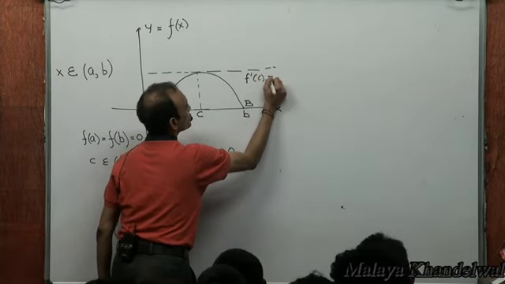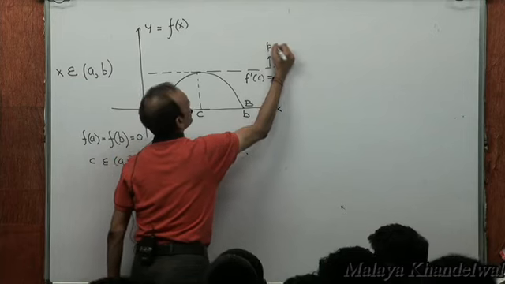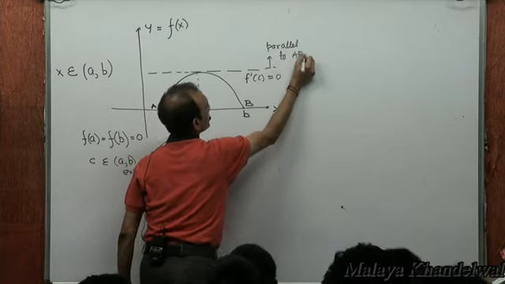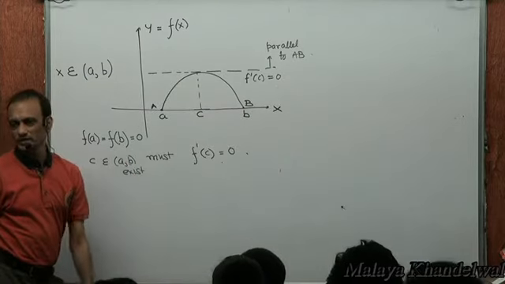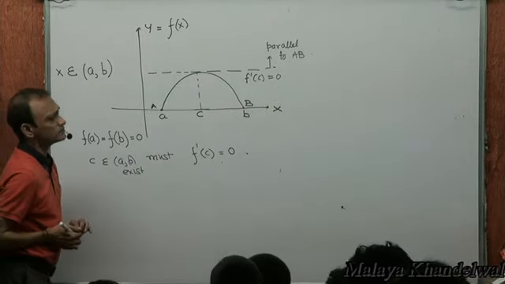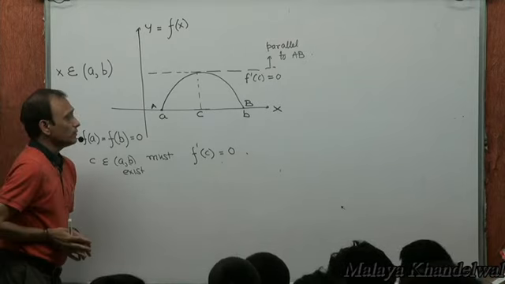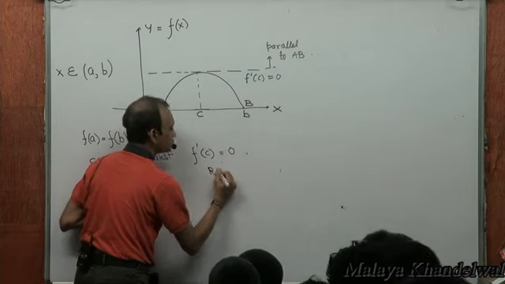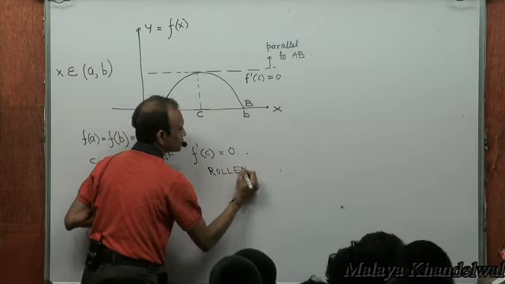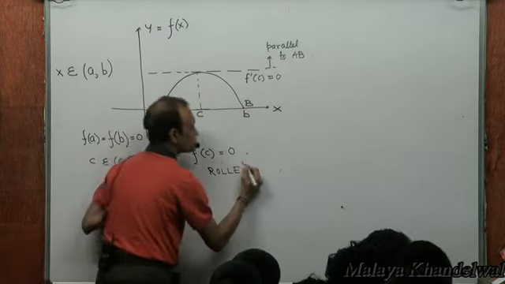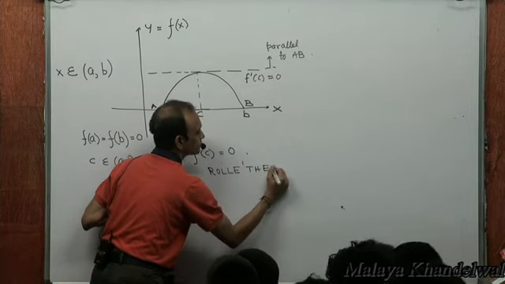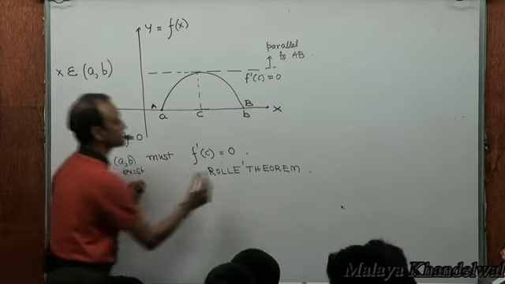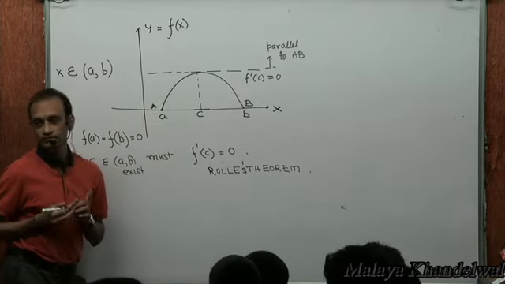f dash C equal to 0 means this is parallel to AB. This is what featured in the manuscript of Professor Rolle, and it's referred to as Rolle's theorem.